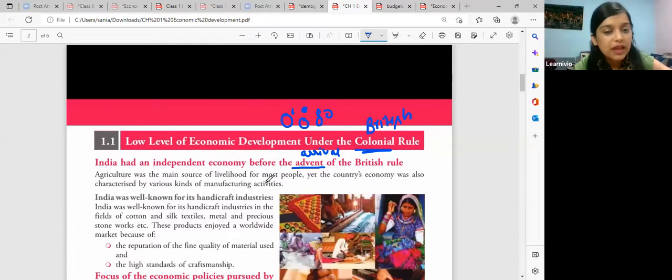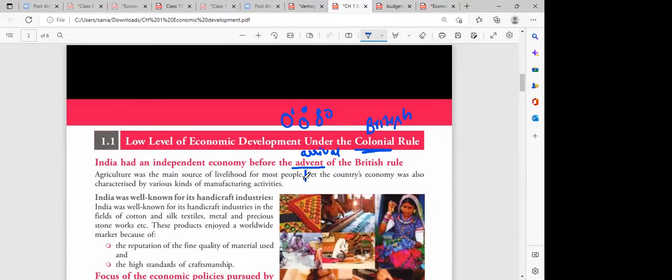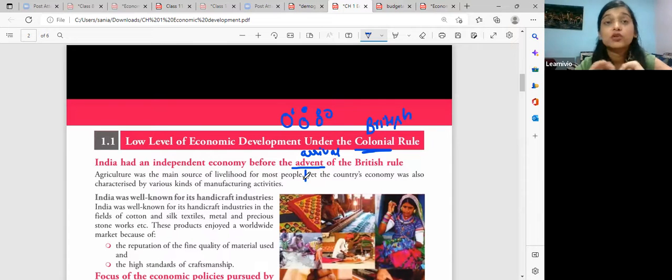Agriculture was the main source of livelihood for most of the people, right? So India had an independent economy and agriculture was the main source. If my country is growing, what is the main source? Most of the revenue was coming from the agriculture sector because most of the people were dependent on it. They were working in agriculture, on the farms and fields and all that.